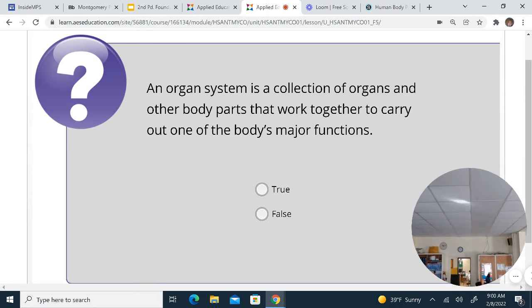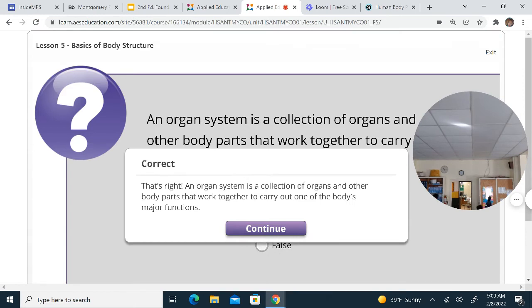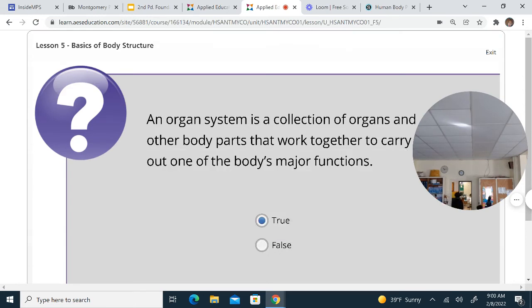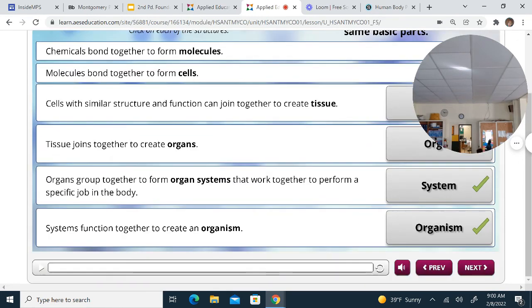An organ system is a collection of organs and other body parts that work together to carry out one of the body's major functions. An example of an organism whose systems all work together is the human body.